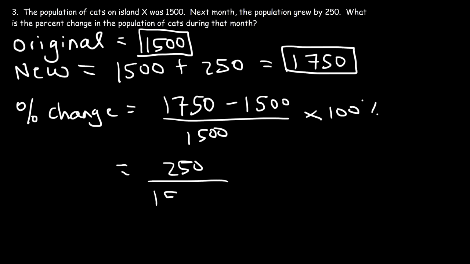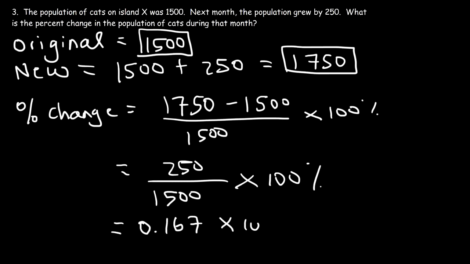And if we divide that by 1,500, that is going to give us, let's see, 0.16 repeating. I'm going to round it to 0.167. So this will give us a percent increase of 16.7%. And so that's the answer for this problem.